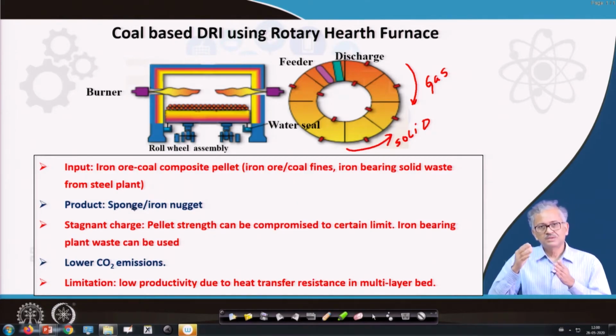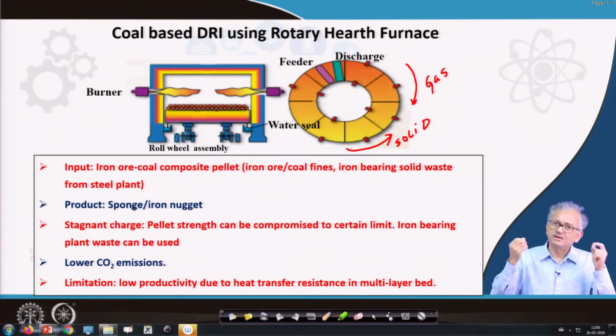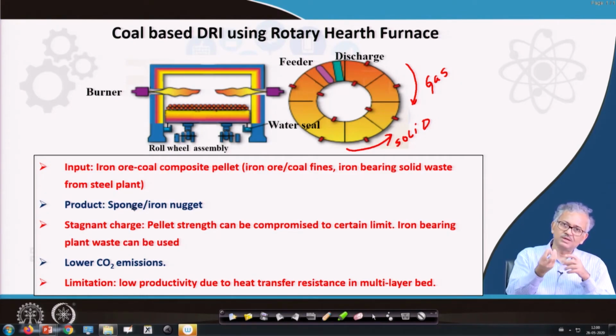At high temperature, the carbonized irons also melt and agglomerate, and during cooling they form the nuggets. Basically the slag is squeezed out at the surface of the pellet. Then when you quench it, the surface gets solidified and the liquid metal stays at the core, and when you break it, you get the nuggets.